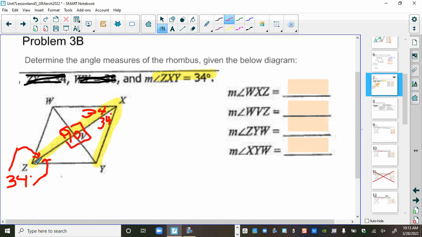So we have a 34 and a 90. Now who could guess what other number we would have in any of these four triangles to give us the actual triangle? What must this angle measure? Here, here, there, or there. They're all going to be the same number, but there's only one possible number. What number would that be?